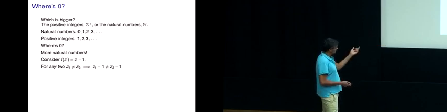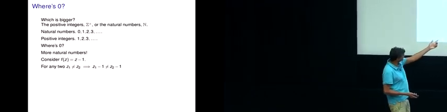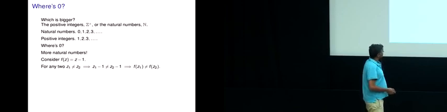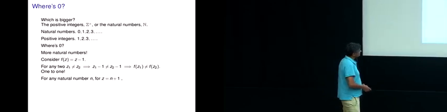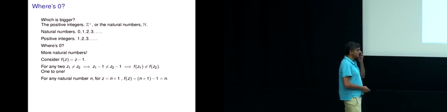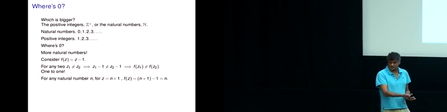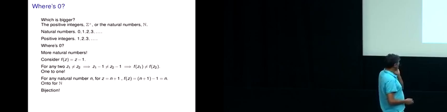That's the definition of 1 to 1: if x is not equal to y, then f of x, which in this case is z1 minus 1, is not equal to f of y, which is z2 minus 1. So it's 1 to 1, and for any natural number n, for z equals n plus 1, f of z is equal to n. So every natural number is the image of some pre-image of this function. So it is a bijection.